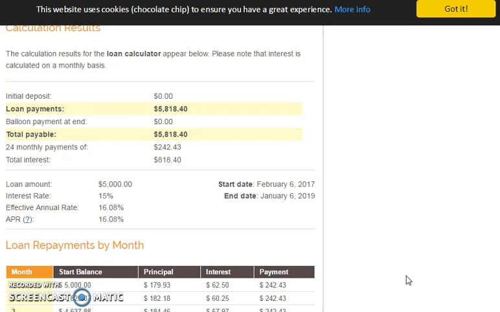So the monthly payment, 24 monthly payments of $242.43 goes on your monthly payment line. The total repayment is $5,818.40. And then the interest paid is $818.40. So again, using the calculator, all the work is done for you. It's just a matter of you making sure you put everything on the right line. Try number 7 on your own.